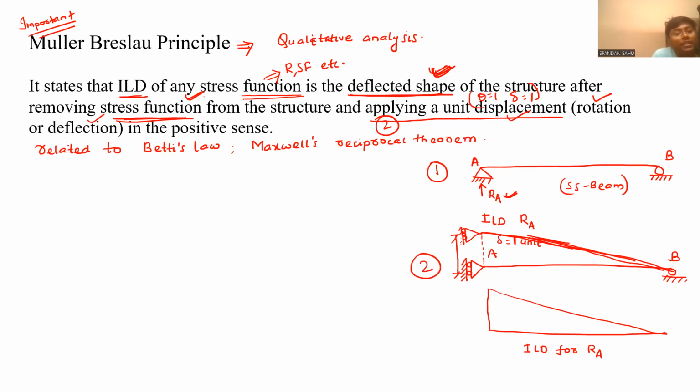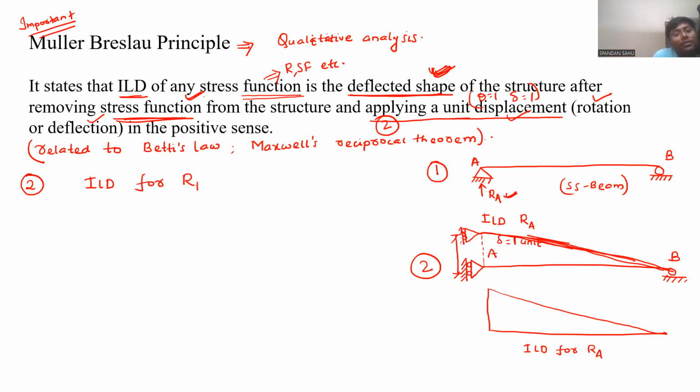There is a big derivation for this. I am not going through it because it has been given in detail in the lecture series. So now let us draw the ILD for RB.